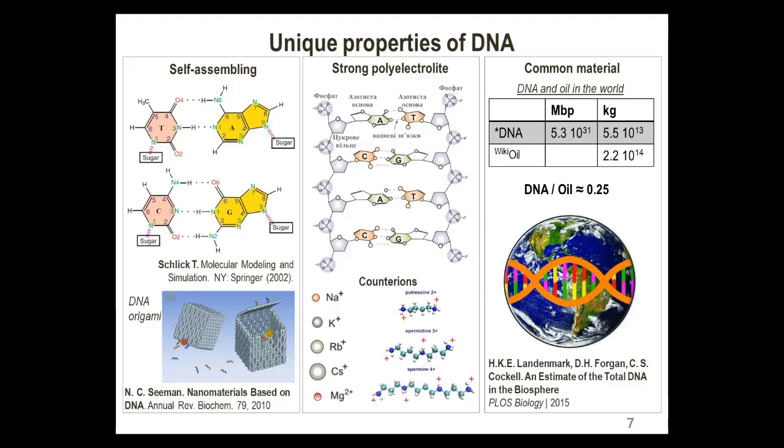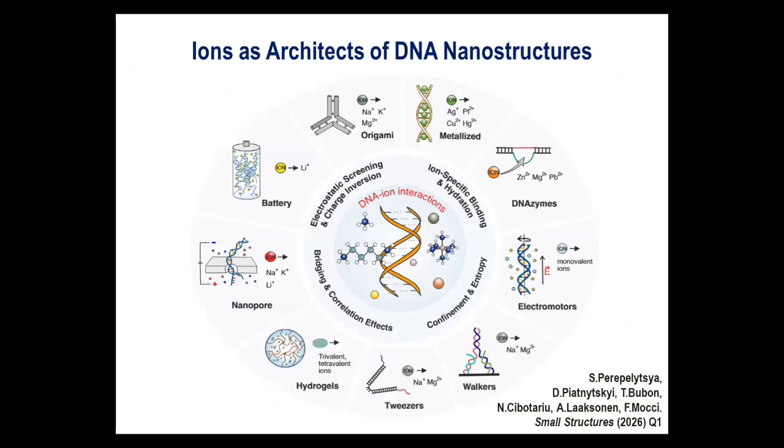So the interaction of ions with DNA is very important, and here I will focus on the use of this property of DNA with the ions. And here you can see this scheme which we introduced with our colleagues Dmytro Pyatnitsky, Tatiana Buban, and our colleagues from abroad, Narcis Shibotario, Arthur Laksonen, and Francesca Mucci.